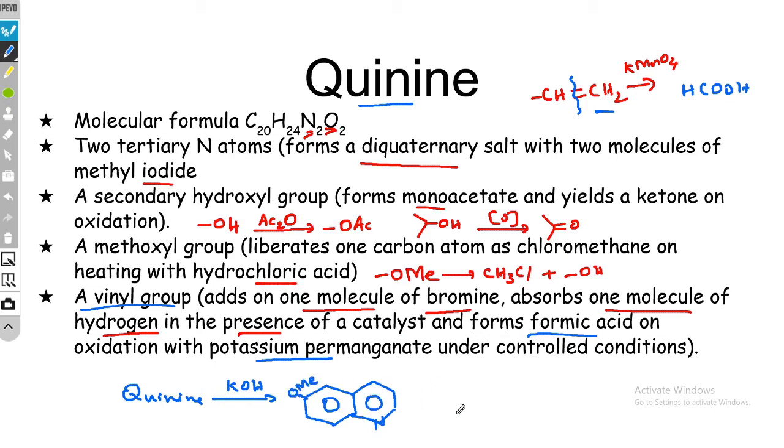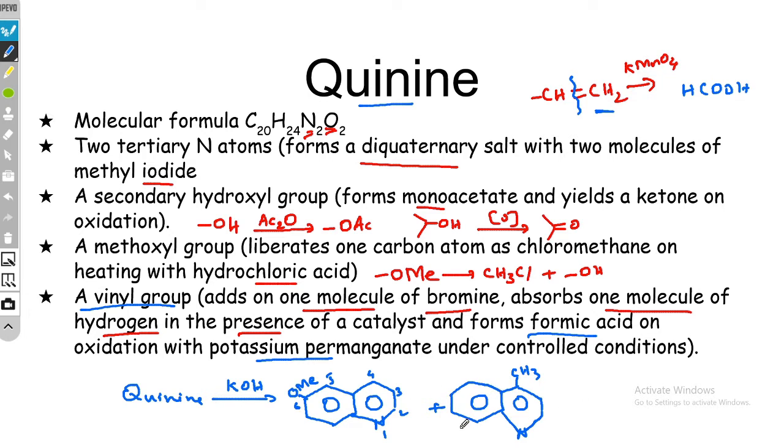This is 6-methoxyquinoline. Then the other product is 4-methylquinoline. This is nitrogen. Numbering is like this: 1, 2, 3, 4, 5, 6. Okay.